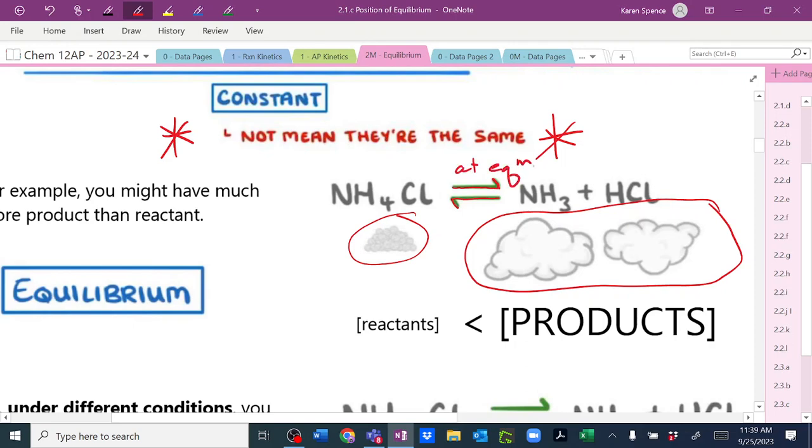And I'm going to introduce you to a concept next day after your test, which is called Keq, which is the equilibrium constant.